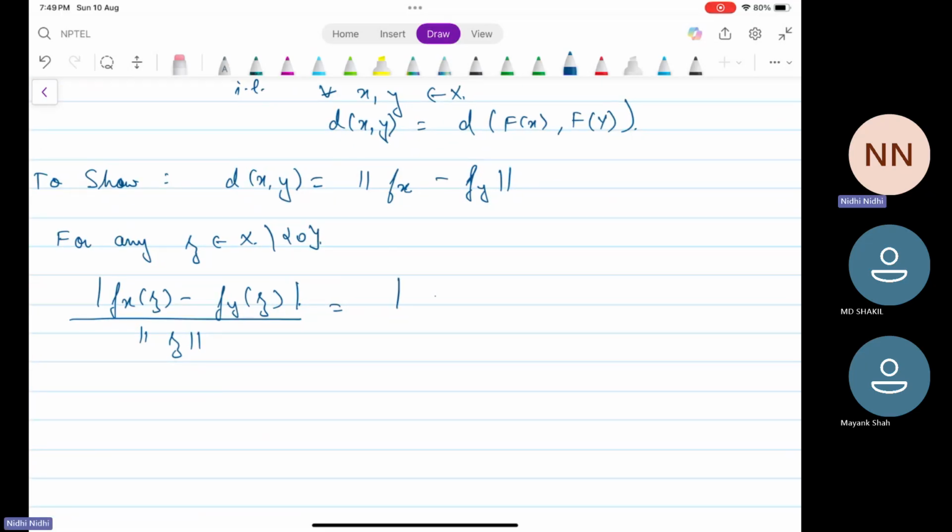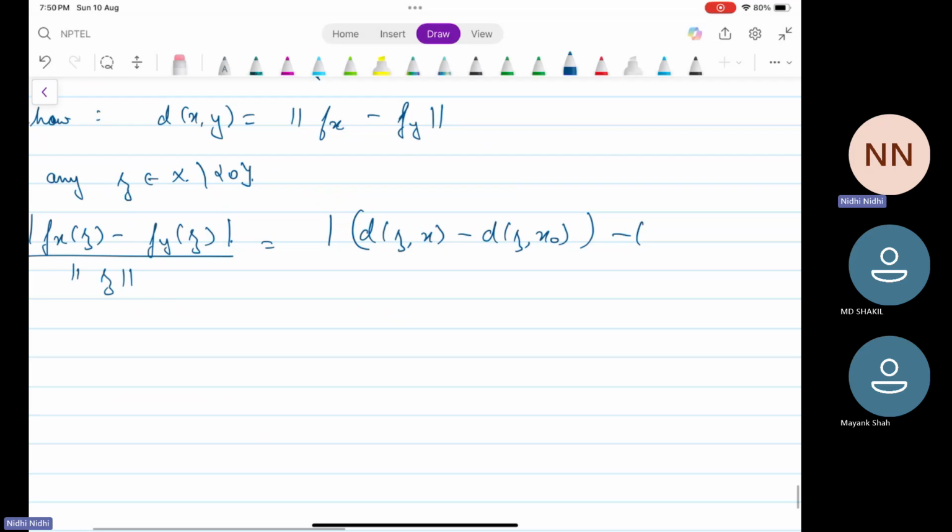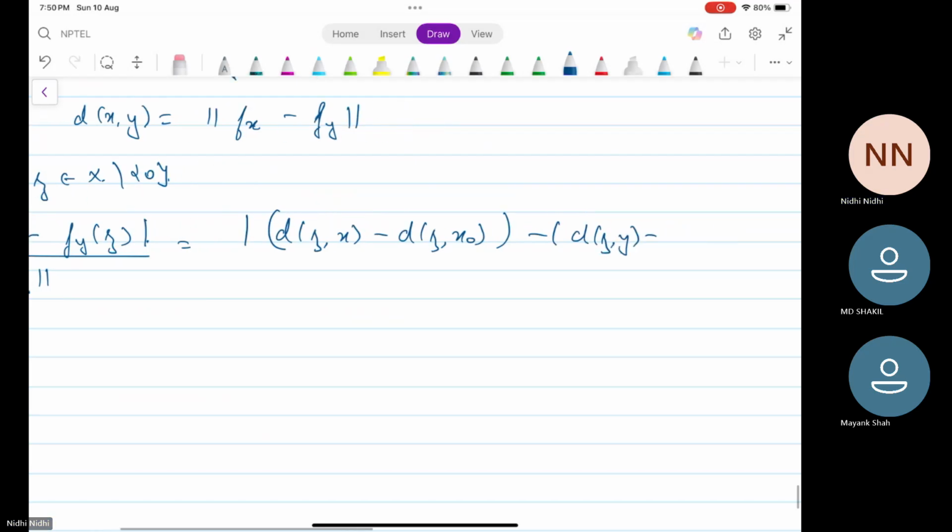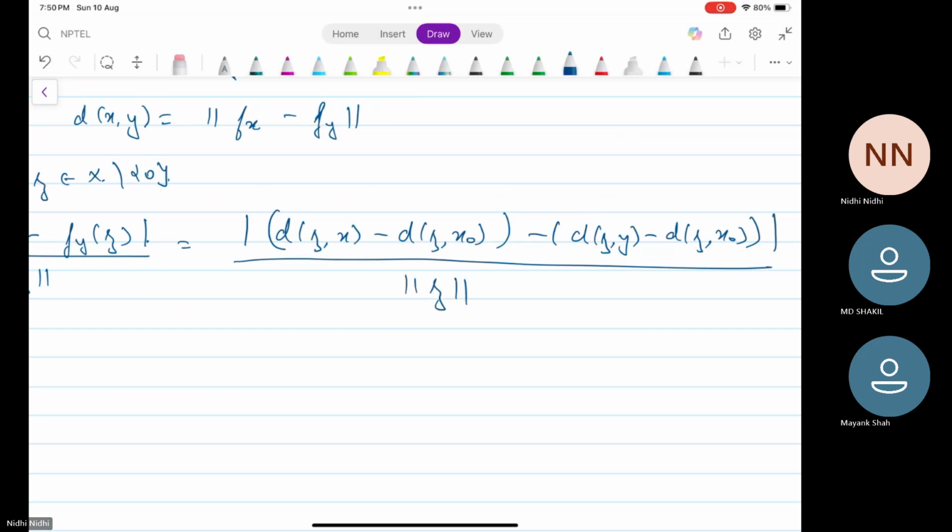By definition, this is equal to |d(z,x) minus d(z,x0) minus d(z,y) plus d(z,x0)| by norm z. So from here, this d(z,x0) cancels out.